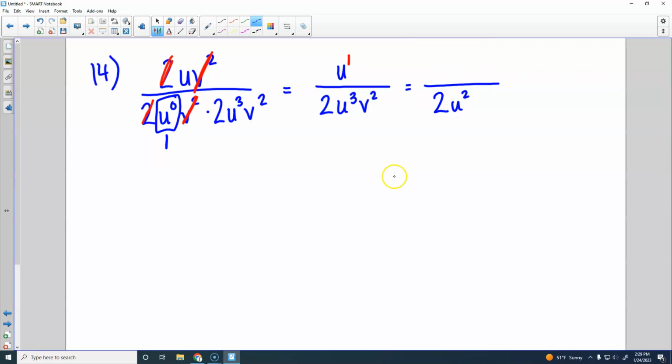It's got to go wherever there's more u's. The v squared stays down here as well. You cannot have just an empty numerator there. You got to have something, so whenever everything is canceled out, you're going to put a 1 there. And so at this point, you only have a single u, a single v. There's no numbers that you could combine together or reduce, so this would be your answer.